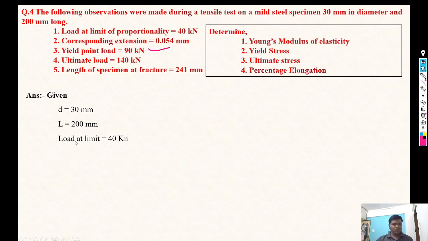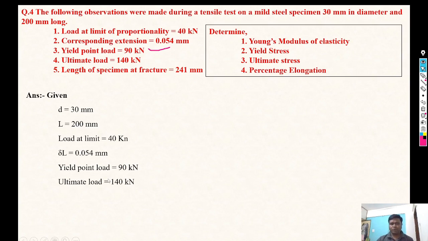Okay, so first diameter is given 30 mm, length is given 200 mm, load at limiting point is 40 kilonewton. Let's say the elastic limit, 40 kilonewton. Change in length at that point is 0.054 mm.